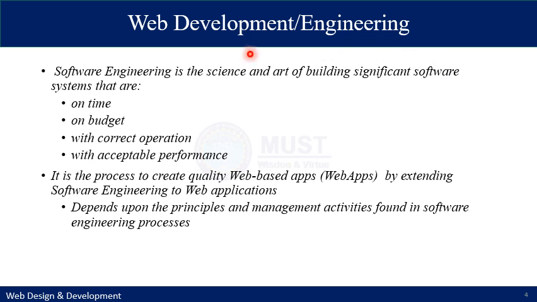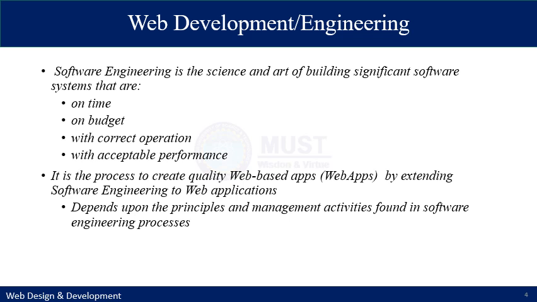To define web development or web engineering, we must understand the definition of the software engineering process. Software engineering is a science and art of building significant software systems that are on time, on budget, with correct operations and acceptable performance.